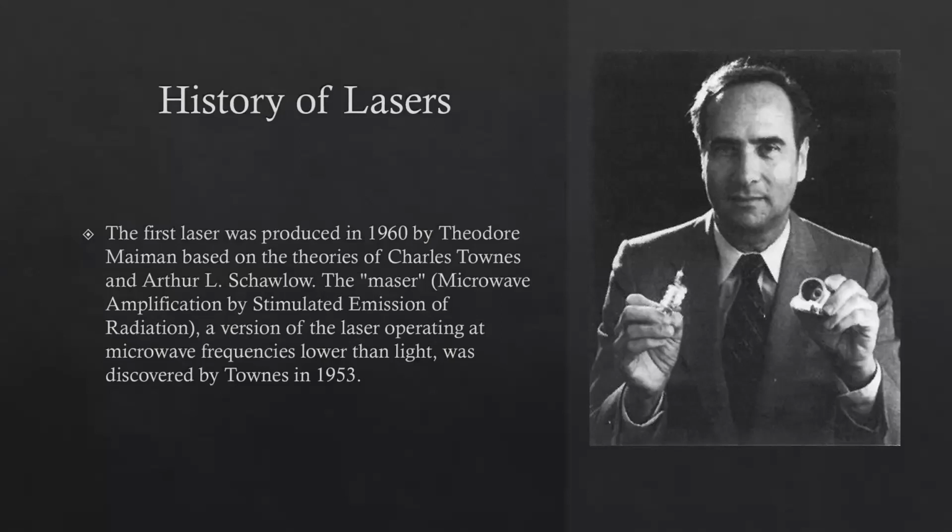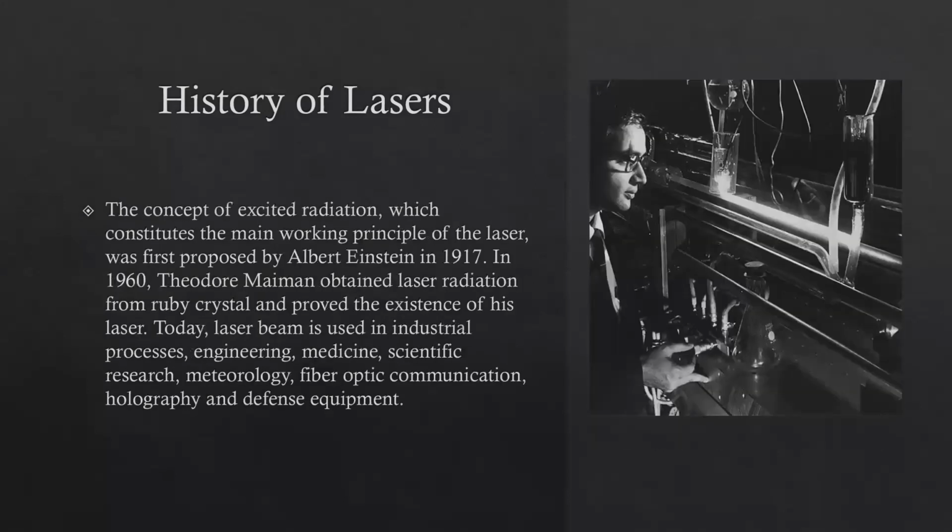History of lasers. The first laser was produced in 1960 by Theodore Maiman, based on the theories of Charles Townes and Arthur L. Schawlow. The maser, which means microwave amplification by stimulated emission of radiation, a version of the laser operating at microwave frequencies lower than light, was discovered by Townes in 1953.